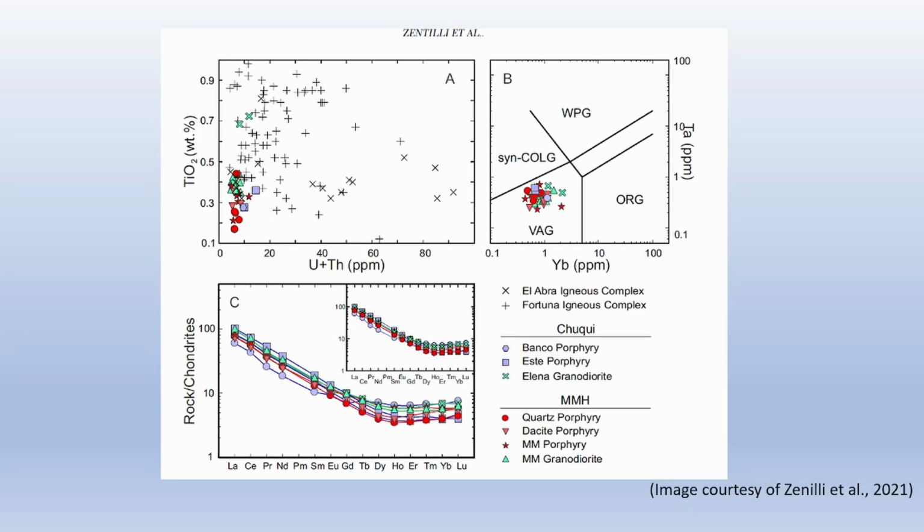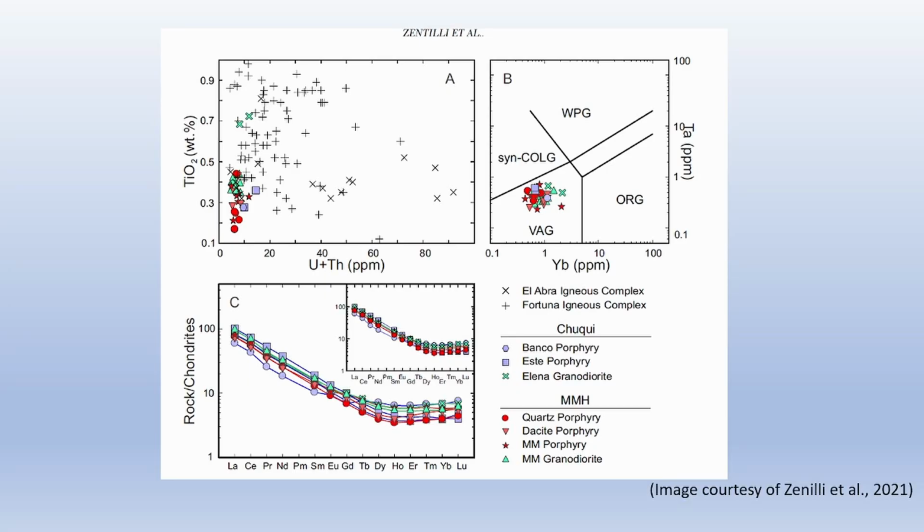You can see that rocks from Chuquicamata and MMH, shown in red, green, and blue markers, cluster tightly in the lower left quadrant of the plot. So these rocks are uniformly low in titanium, uranium, and thorium, which is pointing to a chemically evolved magmatic source.